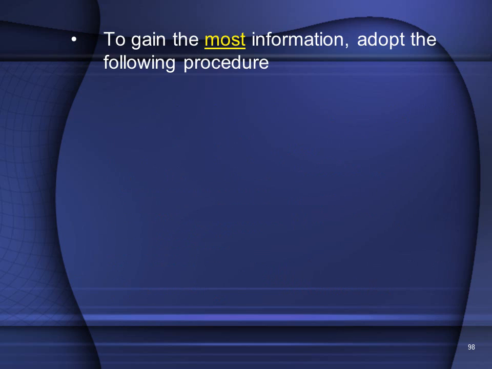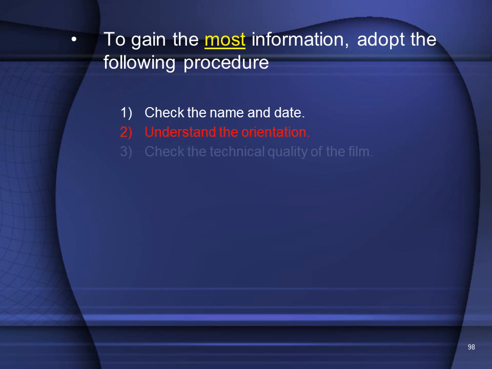To gain the most information, you should adopt the following procedure. Number 1, always check the name and the date. Know who you are reporting on and when you are reporting on that patient, because a patient's radiographic status will change over time. Again, understand the orientation, which is a critical step in the procedure.